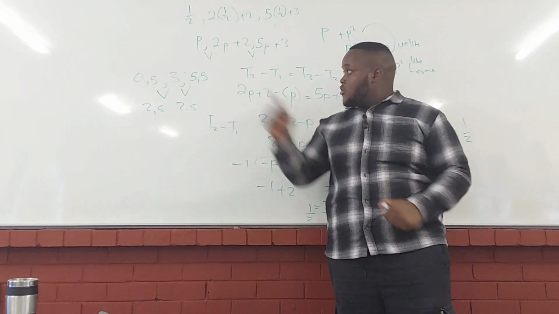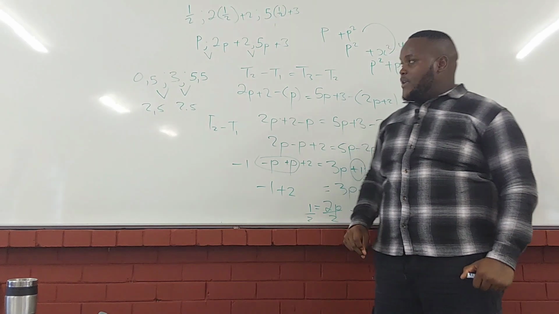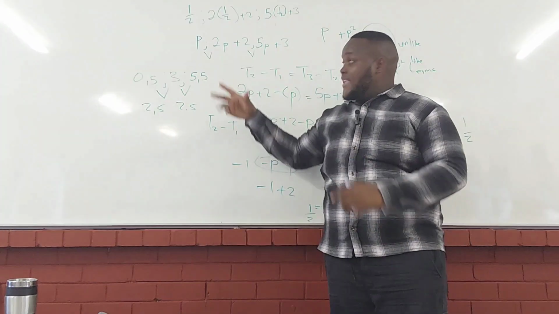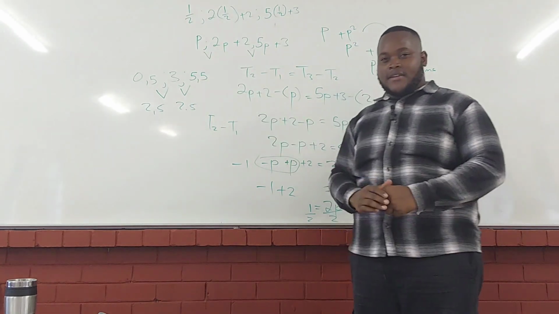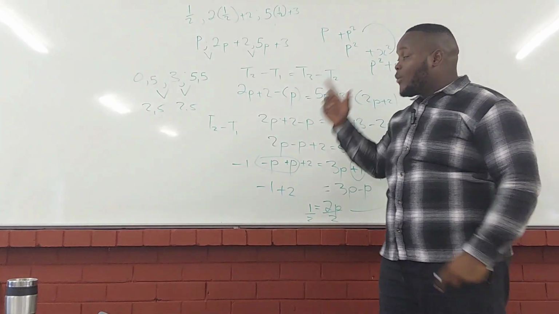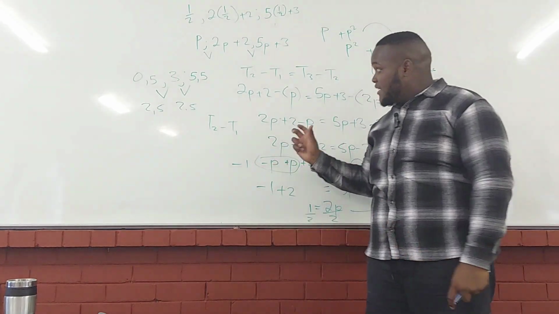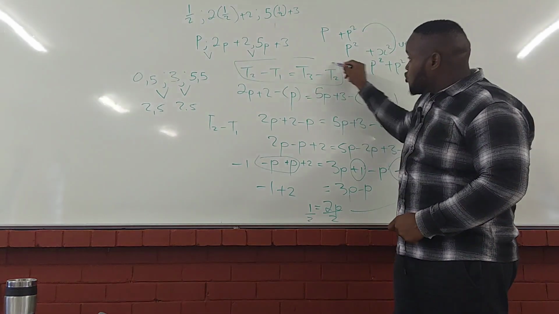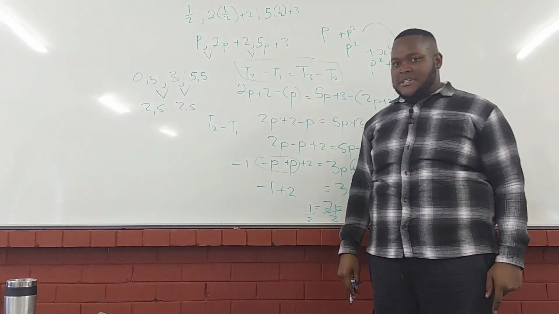Whereby we were looking for the value of P when we are given a sequence whereby we don't have the exact numbers, but we are given a sequence in terms of P. So the first thing that we do, we have to know what an arithmetic sequence is and the properties of an arithmetic sequence. This is what you have to know the moment they say it's an arithmetic sequence.